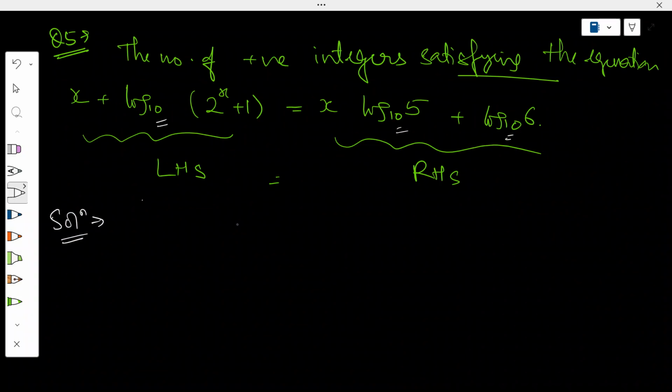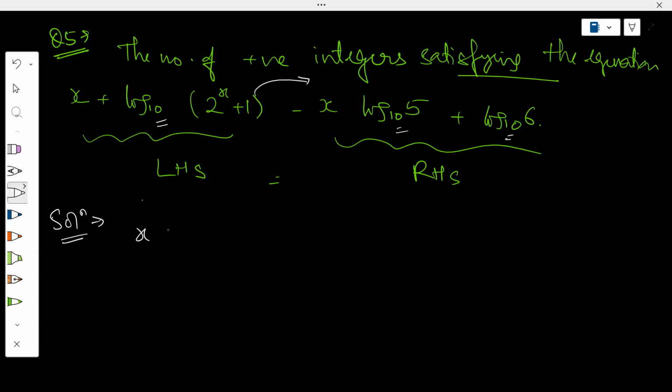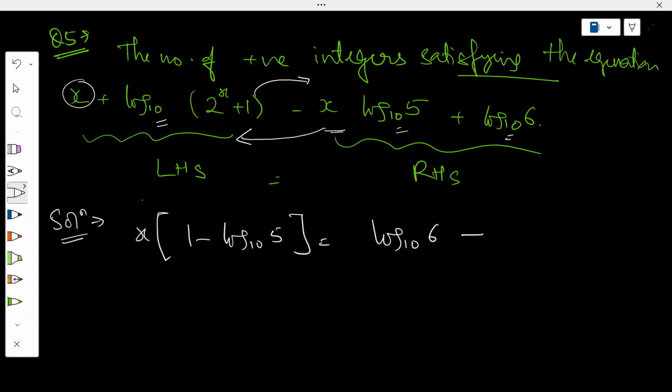So upon combining these, what we can do is also, we can send this to other side, or one more method would be like if we can take x common, make this to this side, and we have 1 minus log base 10 of 5 and log base 10 of 6 minus log base 10 of 2 to the power x plus 1.